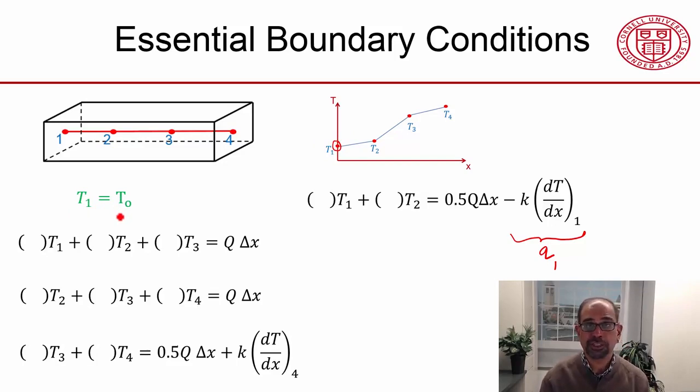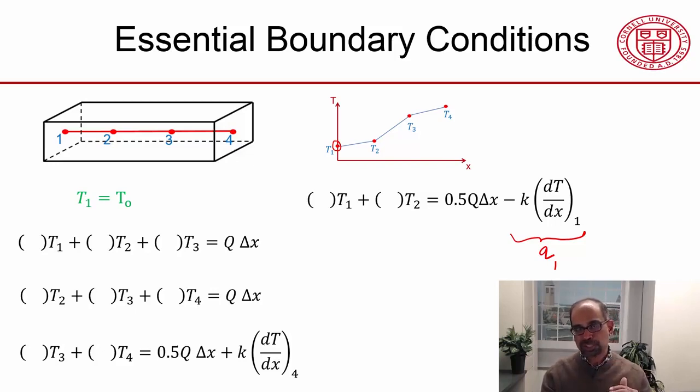It's essential for it, which is why this is known as an essential boundary condition. Contrast it to the flux boundary condition here, where you can't say that the shape has to essentially satisfy that. In fact, we'll see that the shape won't satisfy the natural or the flux boundary condition.